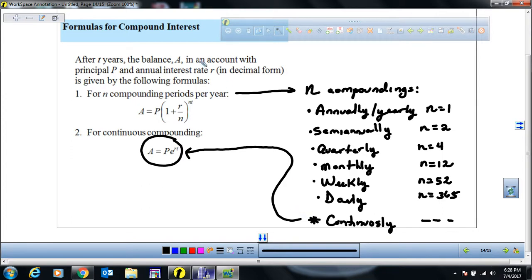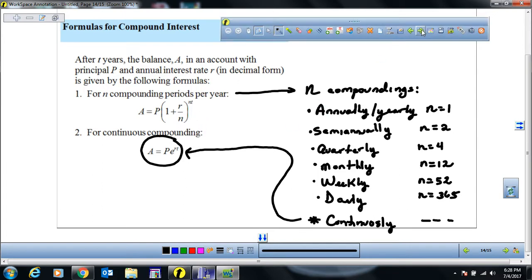Once again, this formula calculates how much money I'm going to have in my account, A, if I invest P dollars at that interest rate, compounded this many times during the year, for T years. That's what the formula tells us.